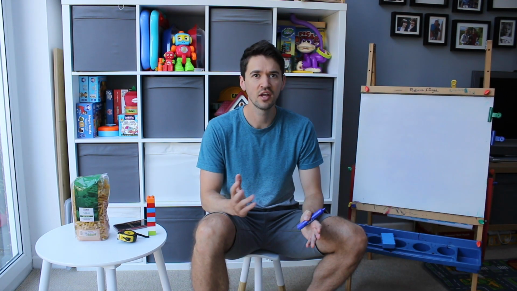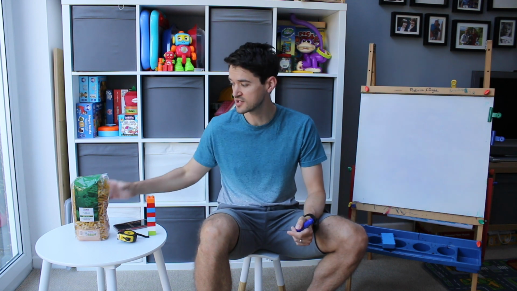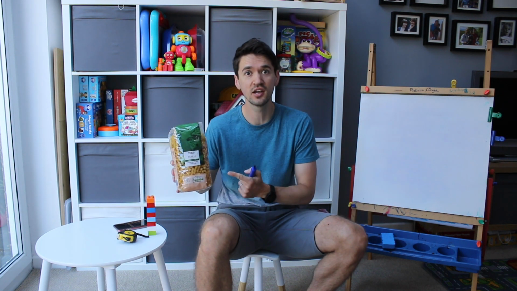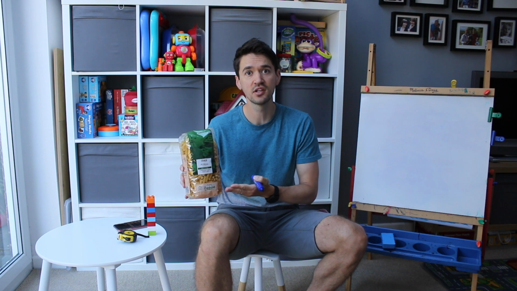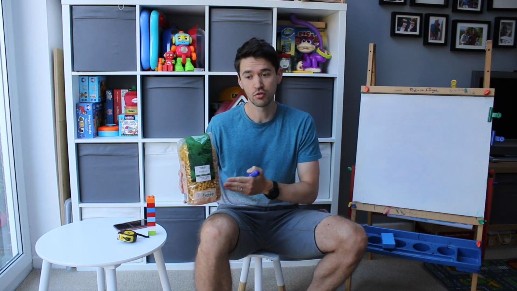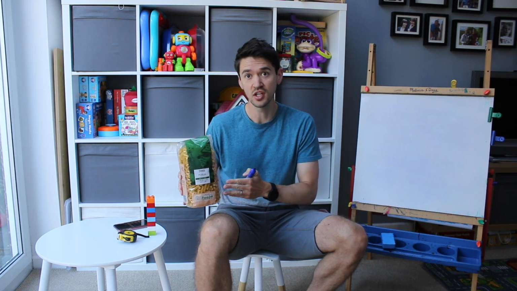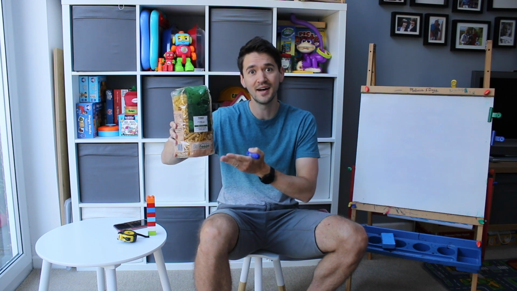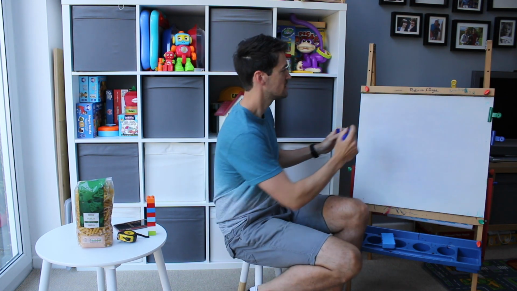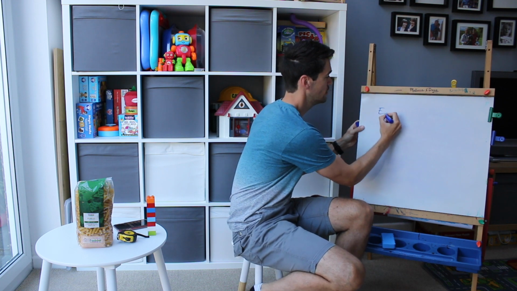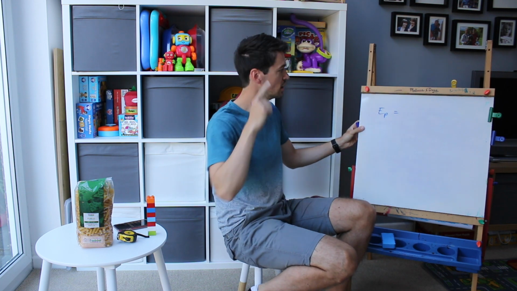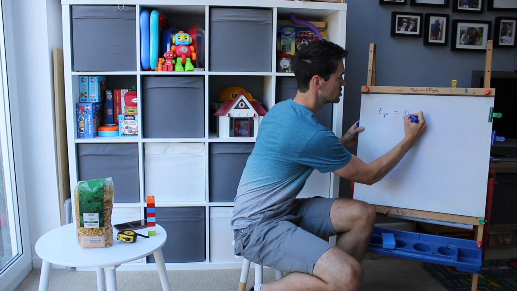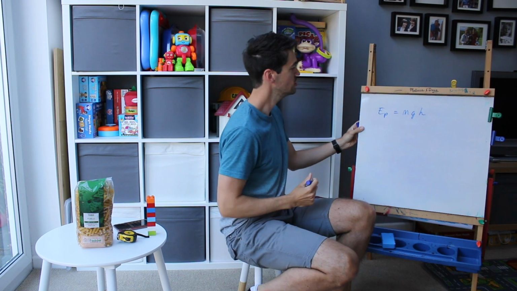Right, in the rearrangement scenario, the examiner is going to tell us we've got the same 1 kilogram bag of pasta, but this time they're going to say we've got 3.92 joules of energy in its gravitational potential store. So how high has that object been lifted to put that amount of energy in its gravitational potential store? Let's have a look. We'll start with the equation. So anytime they say calculate, you just say, I'm going to write down an equation. So we've got mgh.